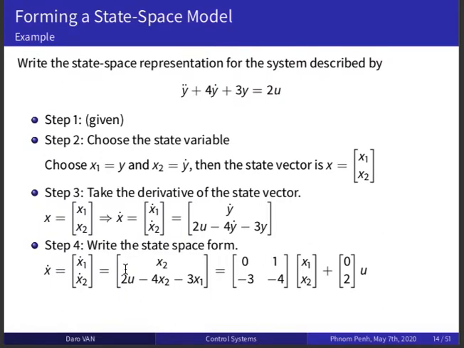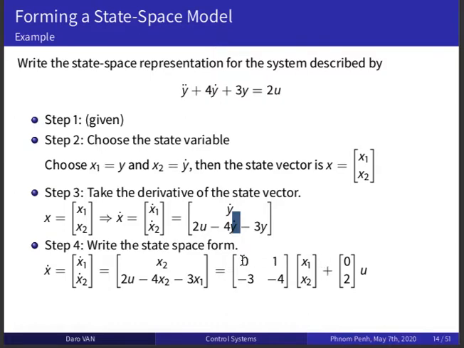Step number 4 is to write the state space form. From this, you just need to replace the variables using x1 and x2. So y dot is just x2, and y dot here is x2 as well, and y is just x1. Replace these and then write in matrix form, like this.